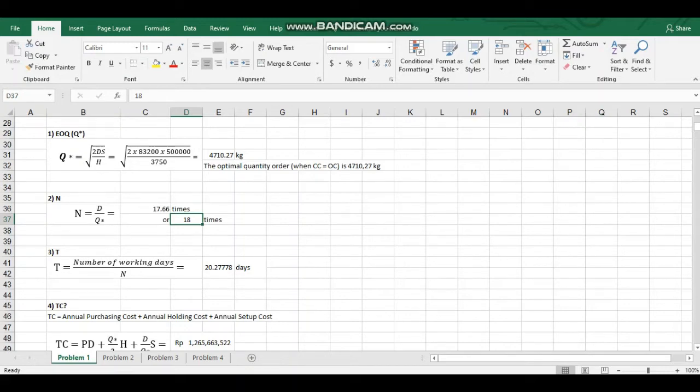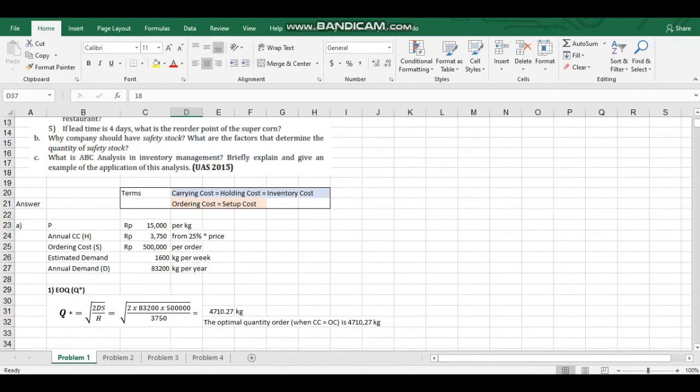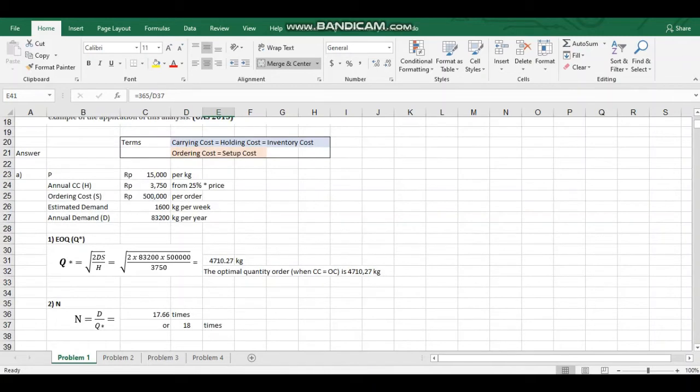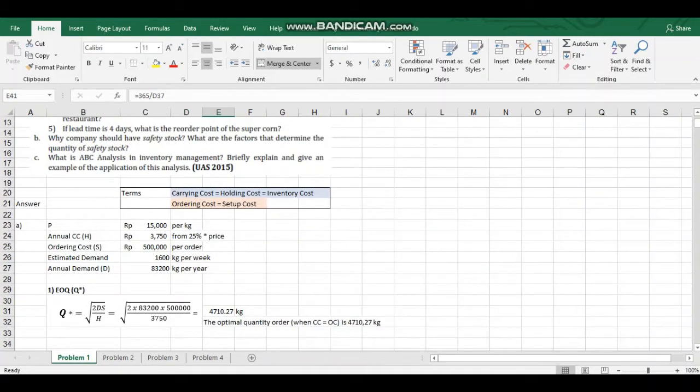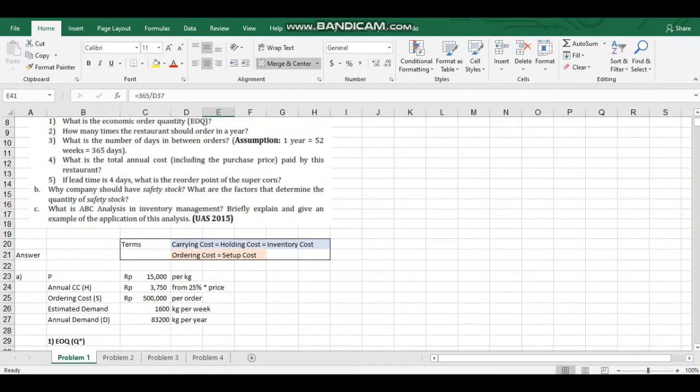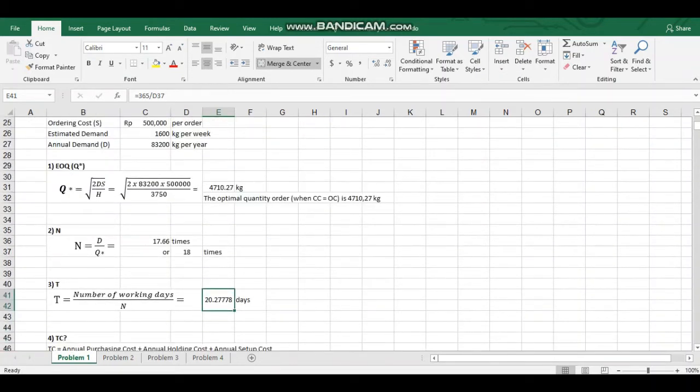The number of working days is the days in a year, which, based on the assumption, is 365 days. So we divide 365 days by how many times we ordered from the supplier, and we finally get 20.278 days.